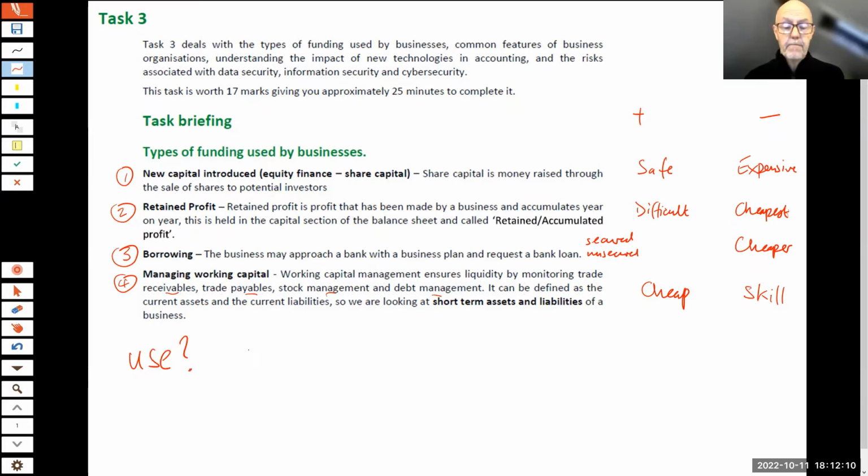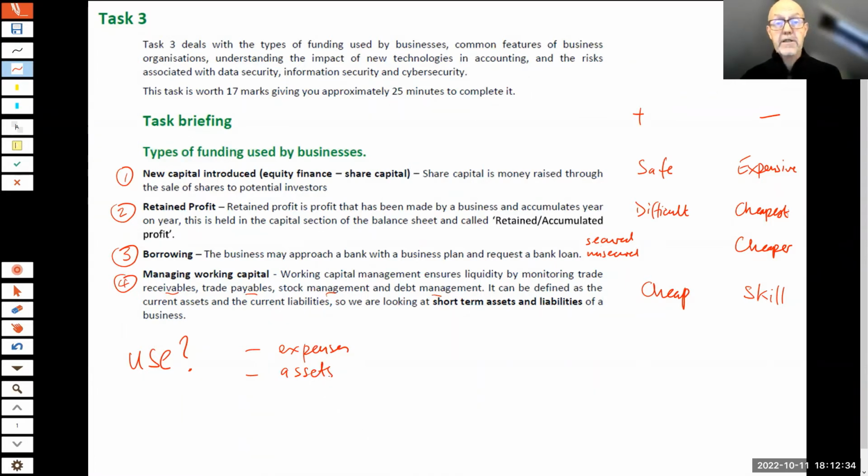Plainly, we have to pay expenses. Nobody wants to work for a company where the wages are going to be a week late because we're a little bit skint this week. So we have to have cash for our expenses. We need to buy assets. Machinery wears out.